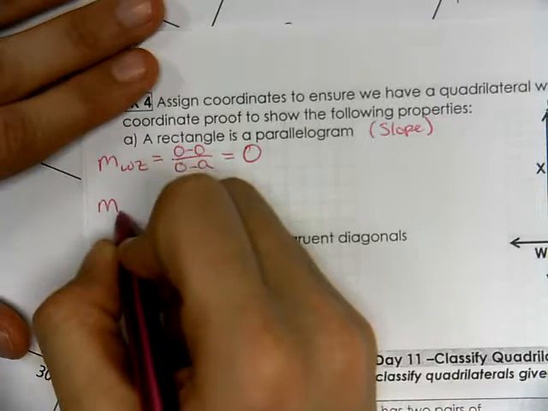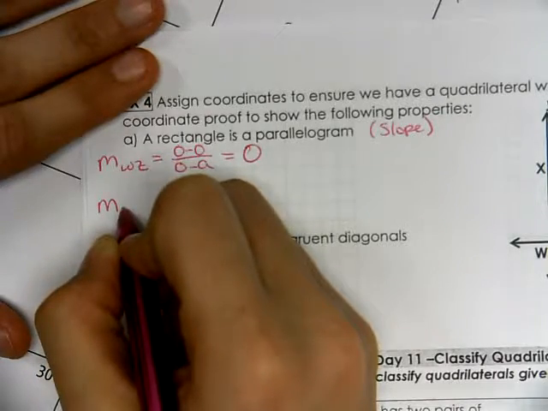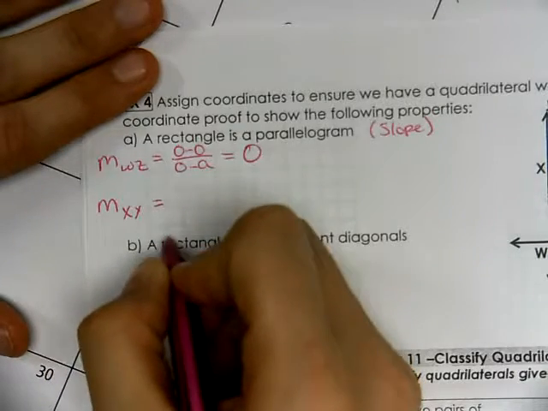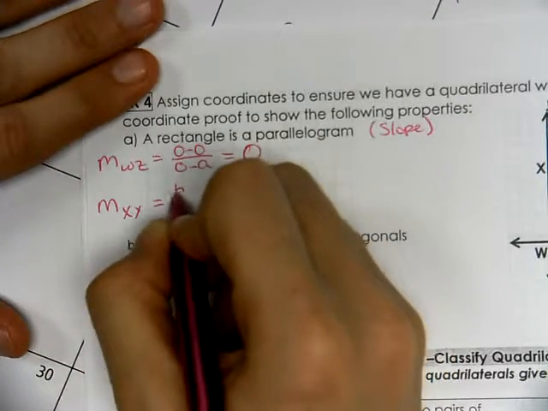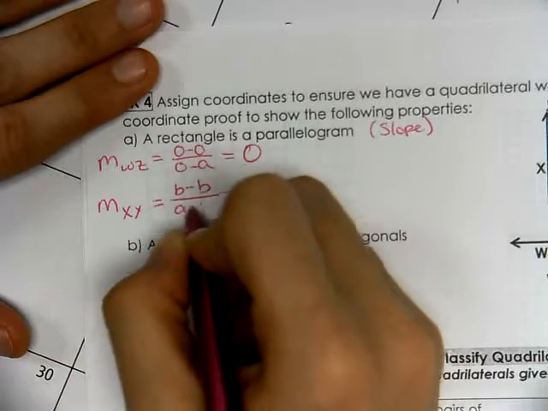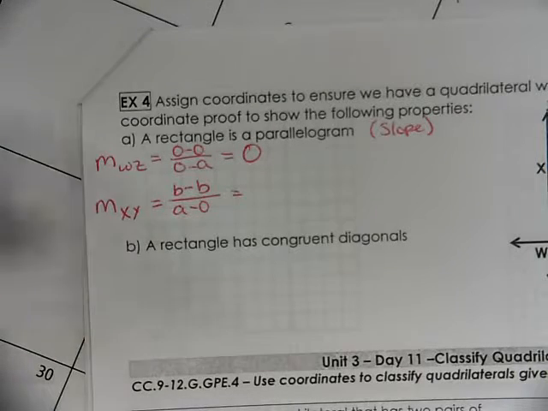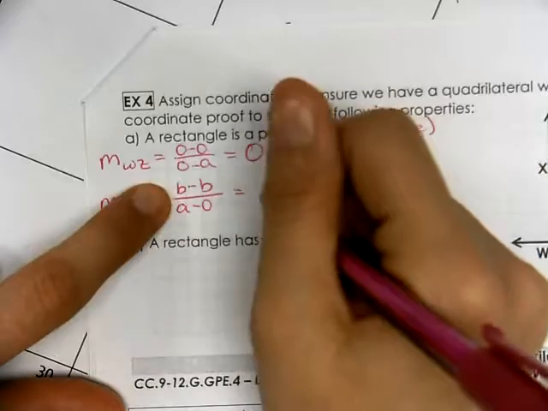Now we're going to check the slope from, let's see, I did WZ. I've got to do XY. I've got to do the opposite. So B minus B over A minus 0. What do you end up with? What kind of slope? 0, because the B's cancel.